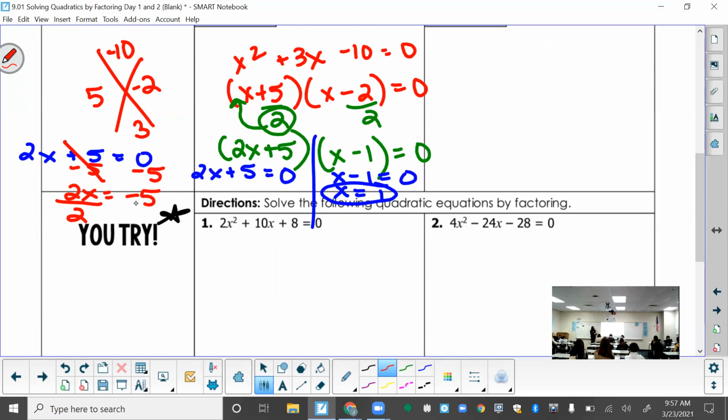And you have to do it to both sides. So my other x value becomes -5/2. You could make it a decimal, but fractions are more exact. So -5/2 and 1 are my answers. And I'll write them over here.